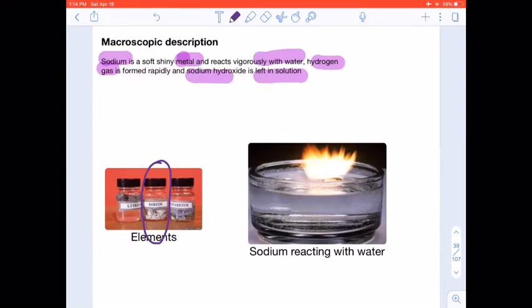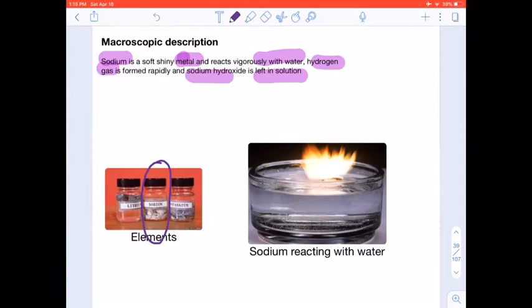And when it reacts vigorously with the water, hydrogen is given off. You can see bubbles at the bottom, and it gives off energy. And then the sodium hydroxide is actually in solution. So that's what happens at an observable level, at a macroscopic level.